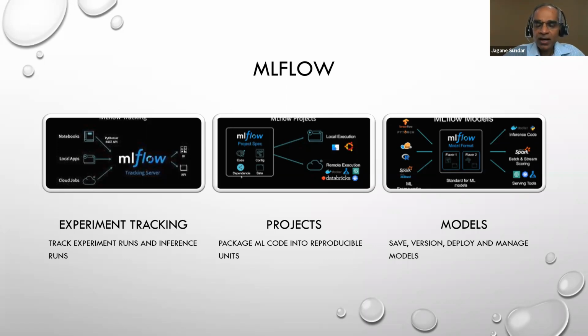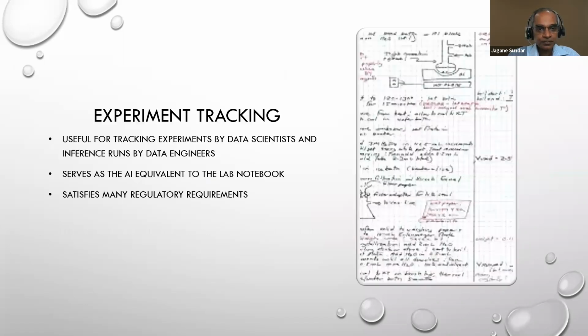This is somewhat like a Git repository for traditional software source code, but this includes more capabilities for the AI industry. Finally, there is a way to store models, to version, to deploy and manage models in MLflow called the MLflow models subsystem.